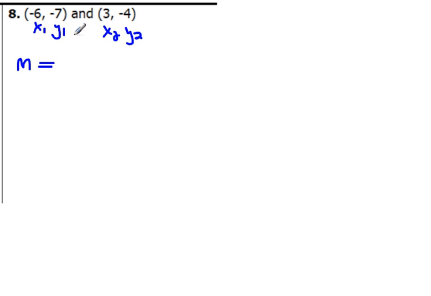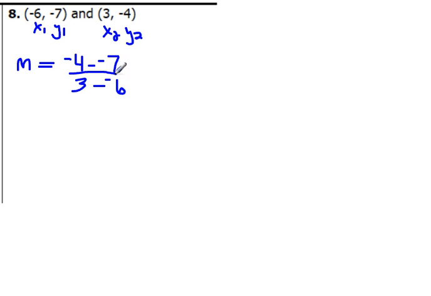So we start with our y's. So y sub 2 is -4 minus y sub 1, which is -7. And here we've got those tricky signs. We'll get to that in a minute. And then x sub 2, so that's 3 minus x sub 1, which is -6.